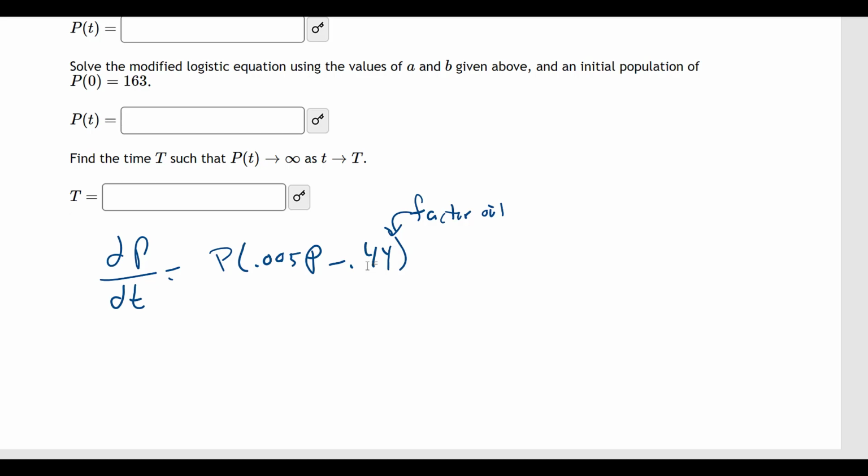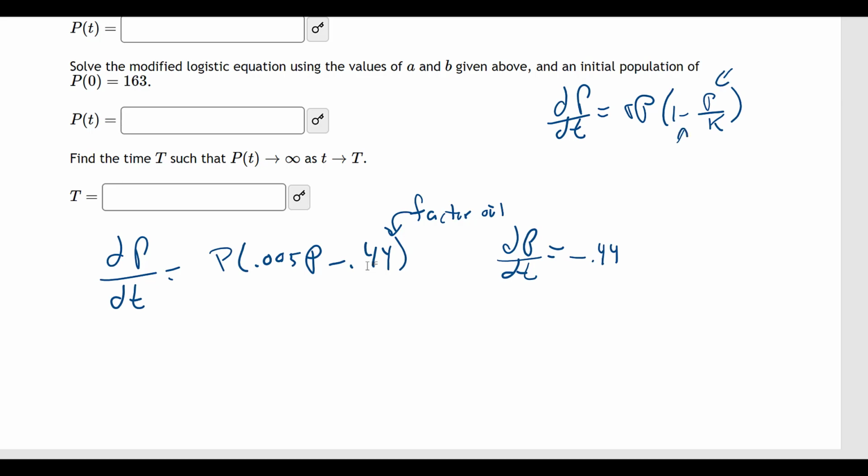When I do that, dP/dt becomes, and I factor out a negative 0.44 so it fits in the model, the model being dP/dt = rP(1 - P/K). Notice the P part is being subtracted in the model.